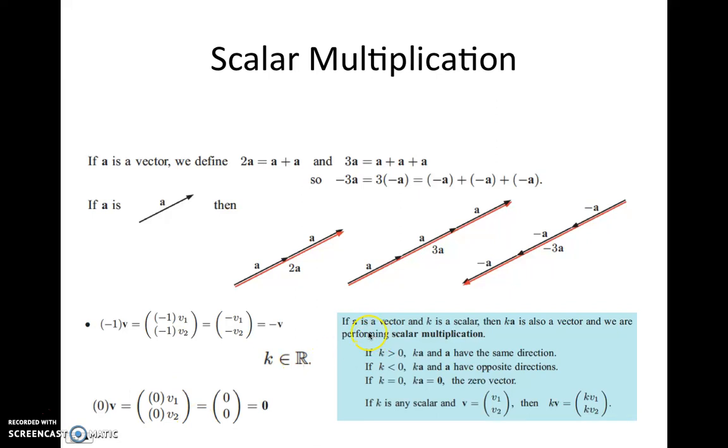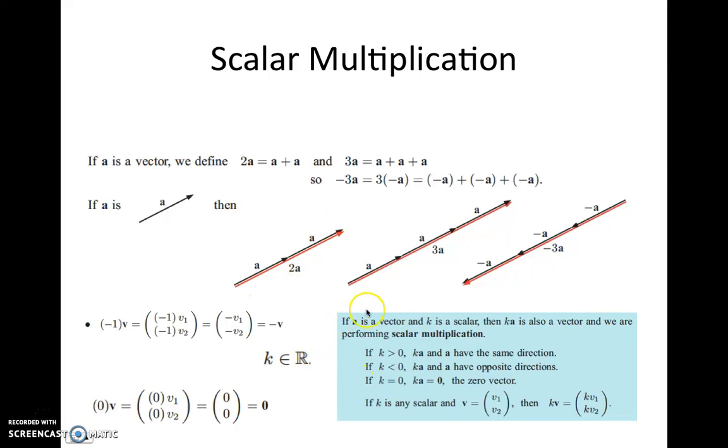So if A is a vector and K is a scalar, where K is included in the set of real numbers, then Ka is also a vector, and we are performing scalar multiplication. If K is greater than 0, Ka and A have the same direction, here.